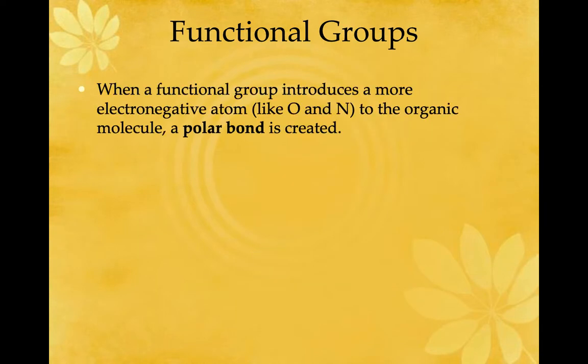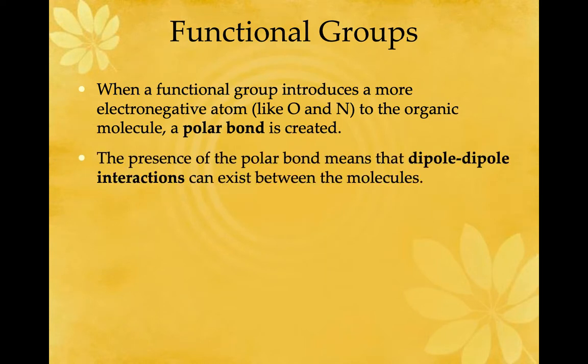And all of those groups that we looked at, except for the alkene and the alkyne, they introduce a more electronegative atom into the organic molecule. And we've talked about how hydrocarbons are nonpolar because they have only carbon-carbon and carbon-hydrogen bonds. But once we add in that electronegative atom, we now get a polar bond, creating a polar molecule.